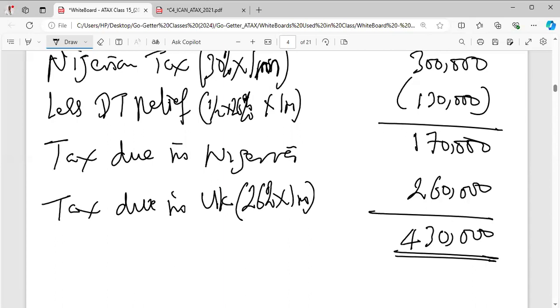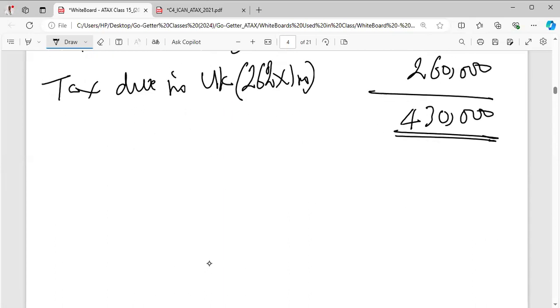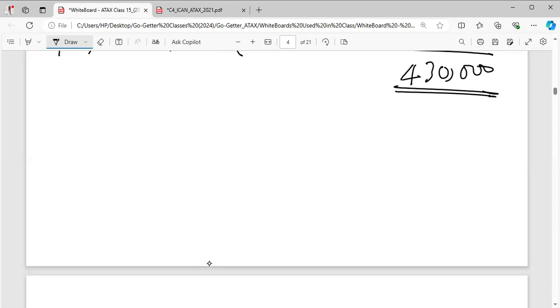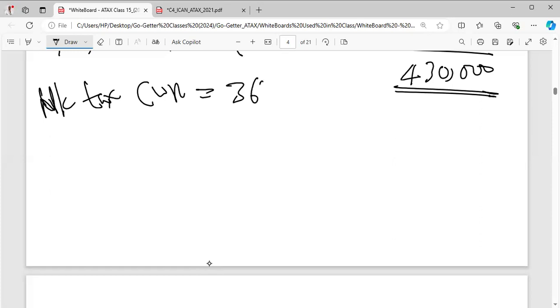Okay, so now in the second example, UK tax, which is CWR, is 36%.